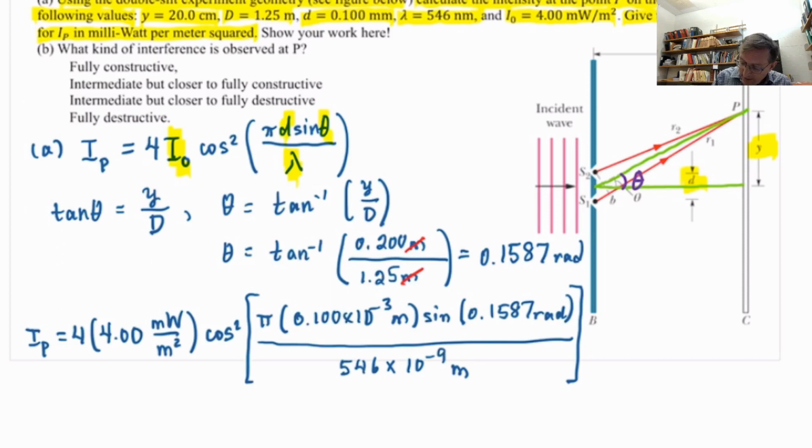Note the unit of meter here cancels. Again, make sure your calculator is in radian mode.